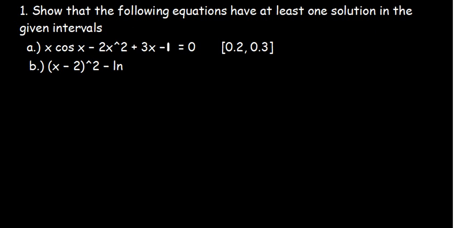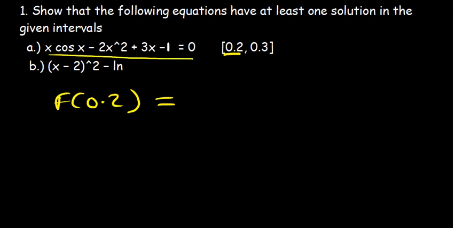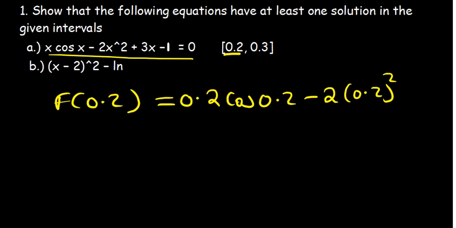Let's try it out. So I'll start first of all by trying out the smallest value. So I'll say the function of 0.2. So look at the given function itself. Substitute. So you have 0.2 cos 0.2 minus 2, where there is x, we'll put 0.2 again, squared, plus 3 multiplied by 0.2, and then we have minus 1 there.